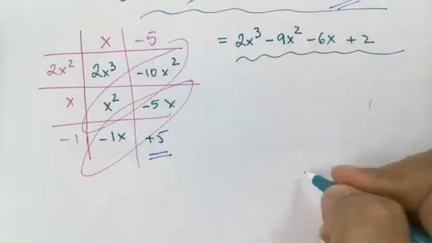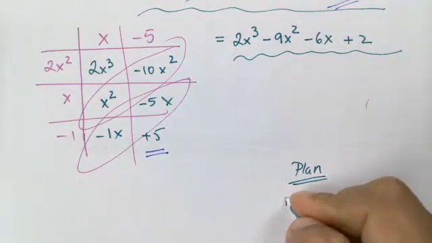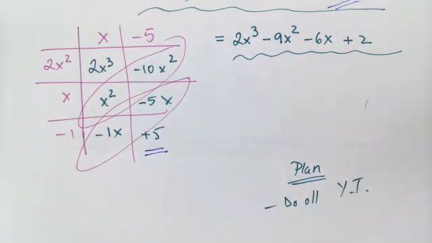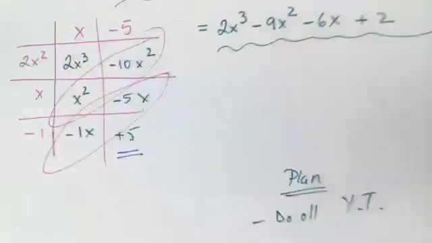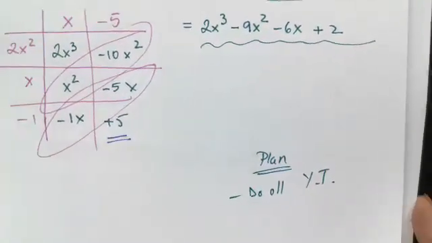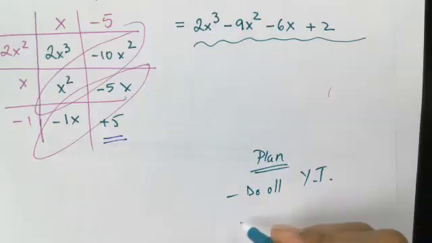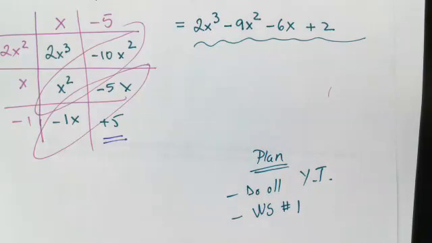So as a plan for the weekend, do all your Your Turn exercises in the notes. Every single one of these pages that we left out, okay? Make sure you complete them so you can practice. When you're confident that you know what you're doing, then move on to worksheet number 1 in your homework booklet. You only have divisions there.